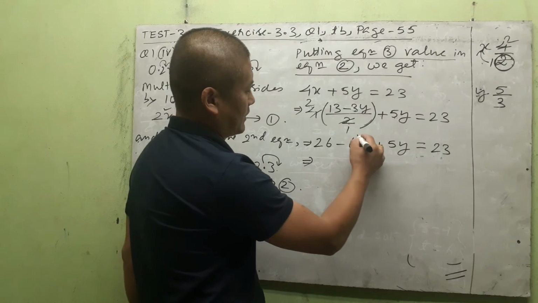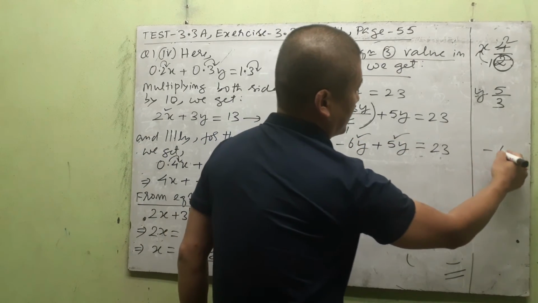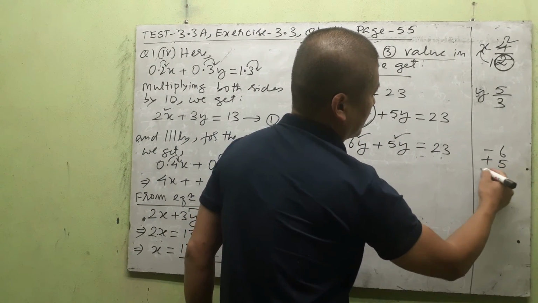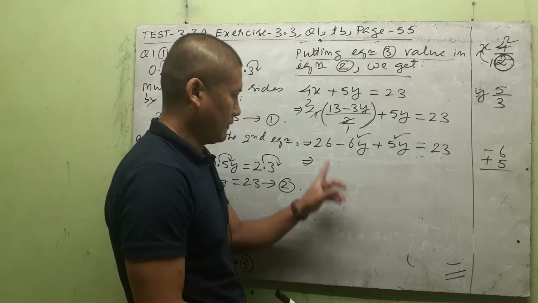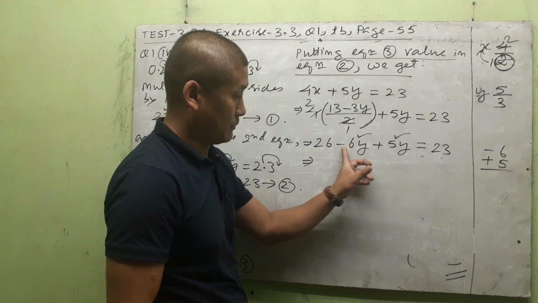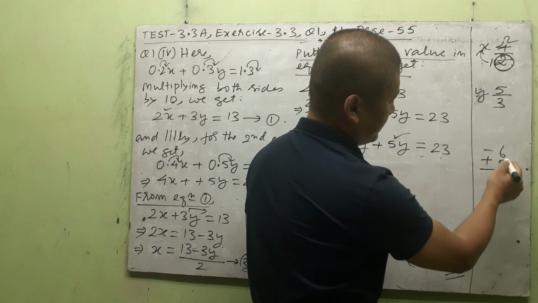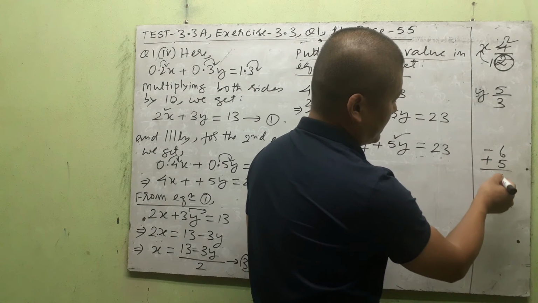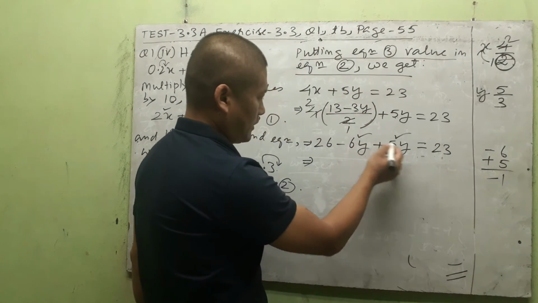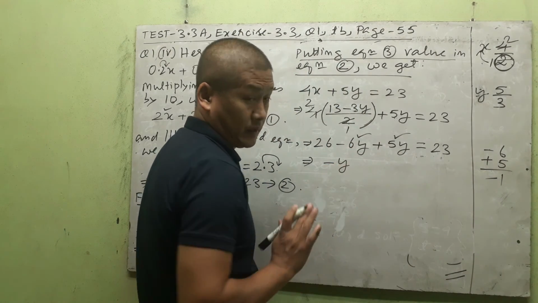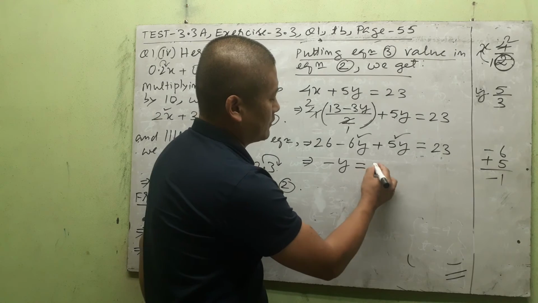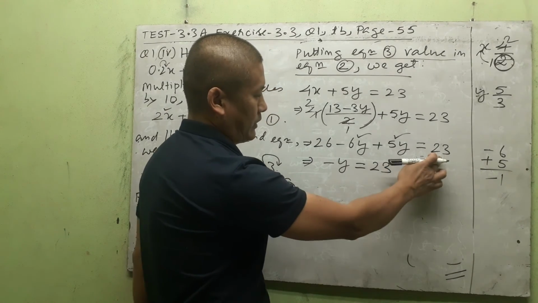That implies minus 6y plus 5y: 6 is bigger, smaller one down, so 6 minus 5 is 1, and the bigger number 6 has a minus sign, so the answer is minus 1y, that means minus y, equal to 23.